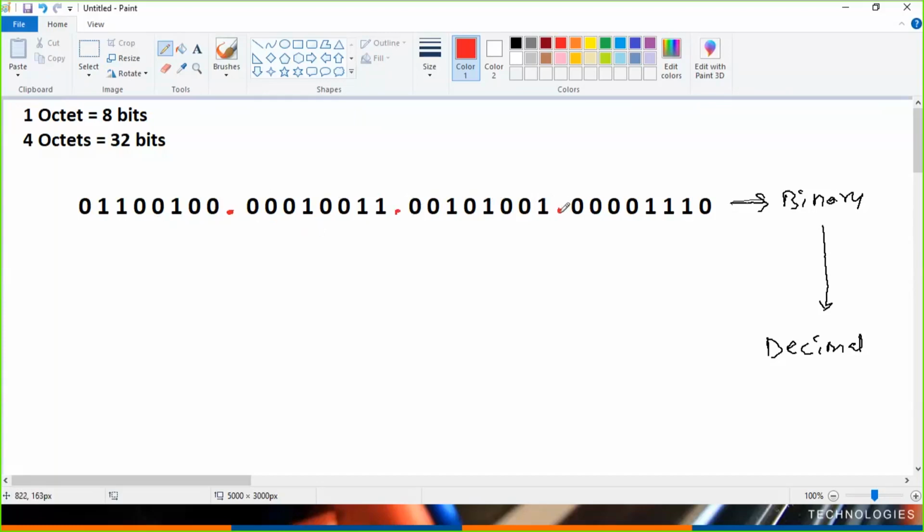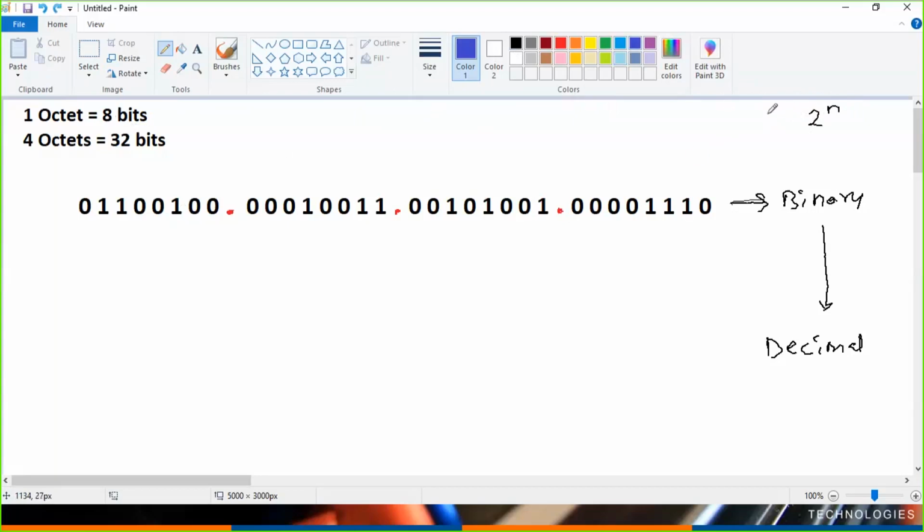Now let us convert from binary to decimal format by using the formula 2 power n. Let us make a 2 power n table. Why 2 power? Because binary means only 2 values, 0 and 1. So we need 8 bits, right? Because each octet contains 8 bits.